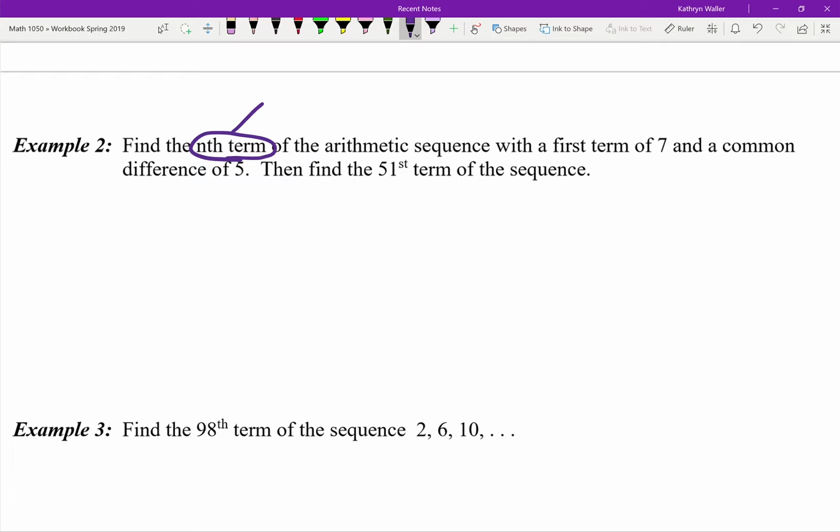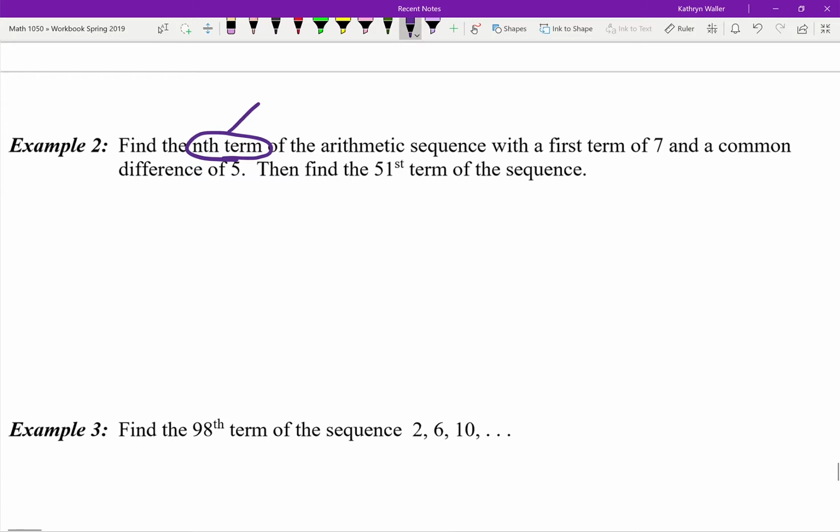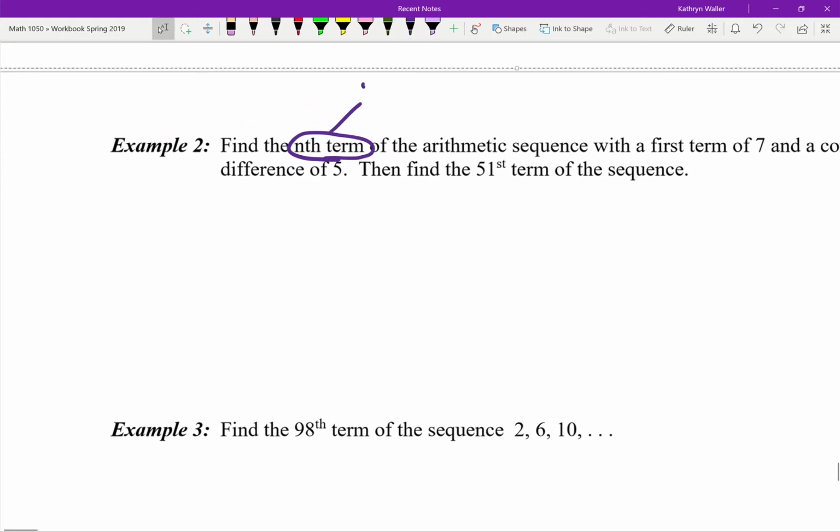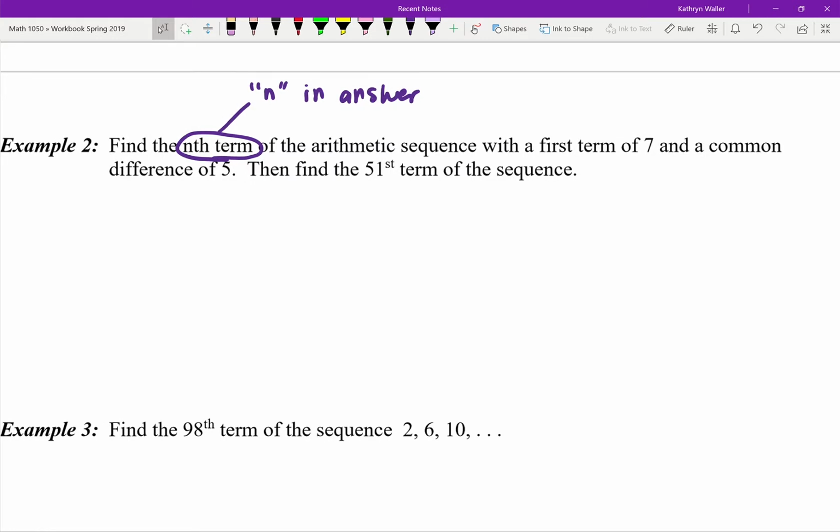They asked me for the nth term. Well, I don't know what n is. They didn't tell me, right? So if they say the nth term, then I want you to know that you're going to have an n in your answer. So when you get an n in your answer, don't panic because they asked you for the nth term.